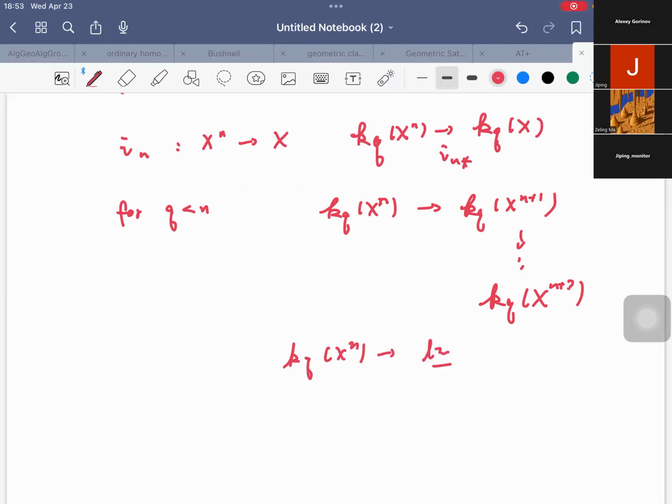How does this work for cohomology? For cohomology, we have maps in the opposite direction. But they also stabilize, meaning all maps starting from the one going from xn plus 1 to xn are isomorphisms.